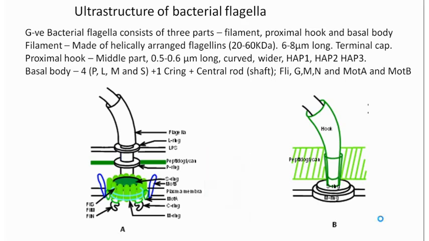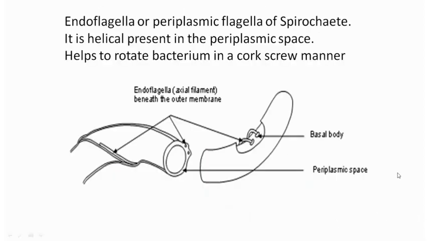It is hidden inside the periplasmic space, you can see, and it is spirally oriented like this on the cell, and there are axial filaments which slide upon each other, because of which the bacterium shows corkscrew-like movement on the surface of a viscous medium. So this is another kind of flagellum. It is not an exterior flagellum, rather it is hidden. It is called endoflagella.